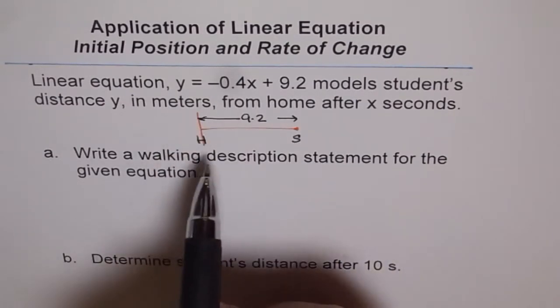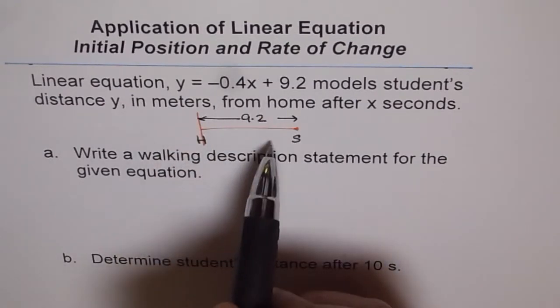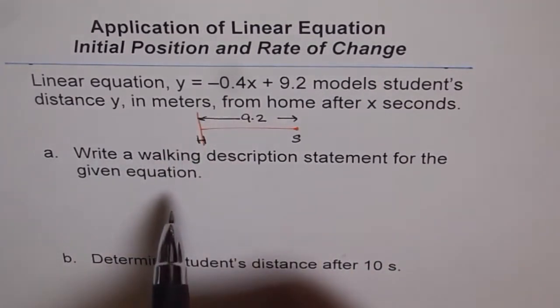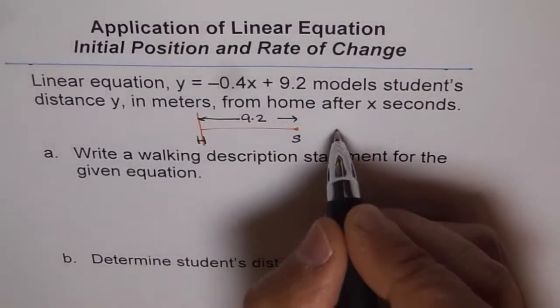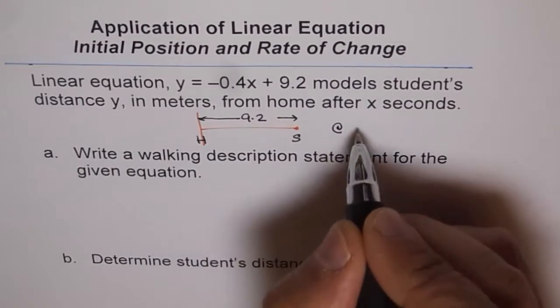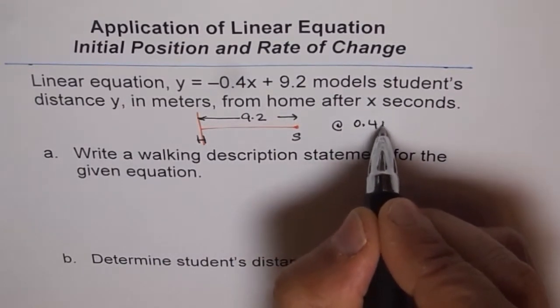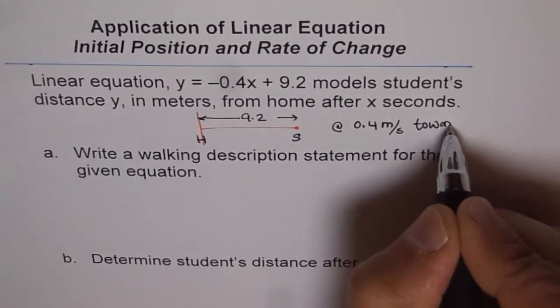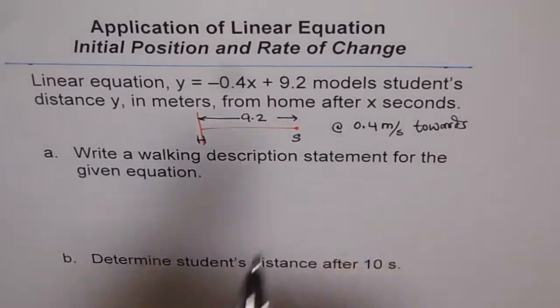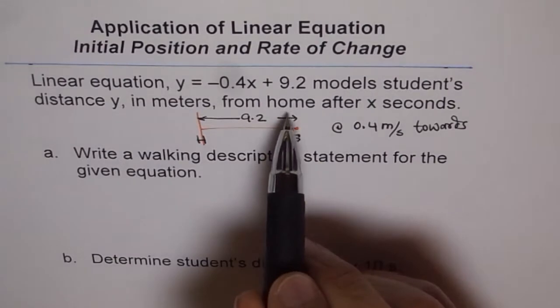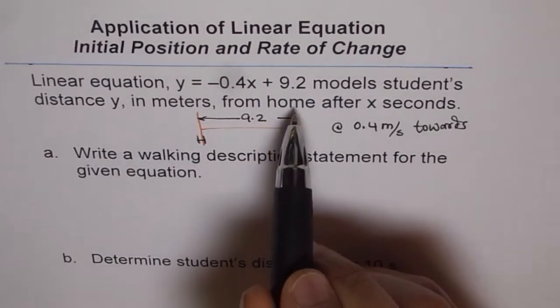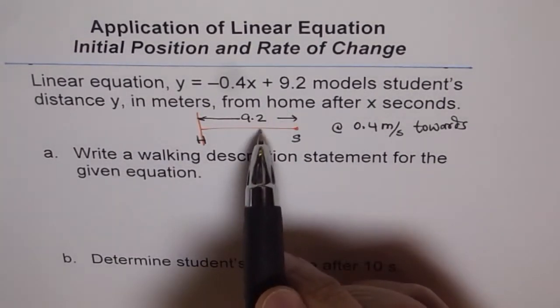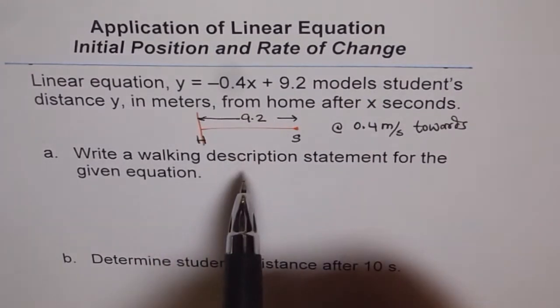Every second, the distance is going to decrease by 0.4 meters, correct? So we can say this student is walking at the rate of 0.4 meters per second towards home. Do you understand? Towards home. They are approaching, and therefore the distance is decreasing. So that is how you have to understand the equation.